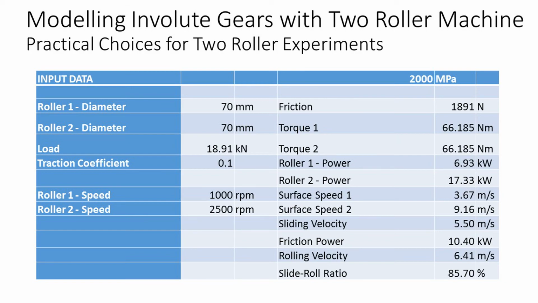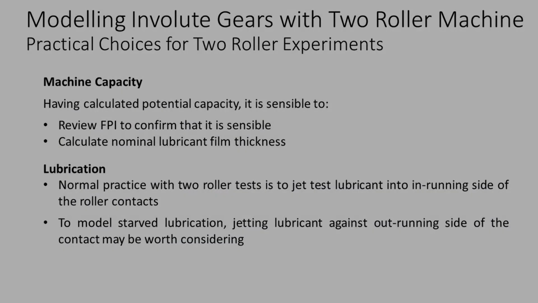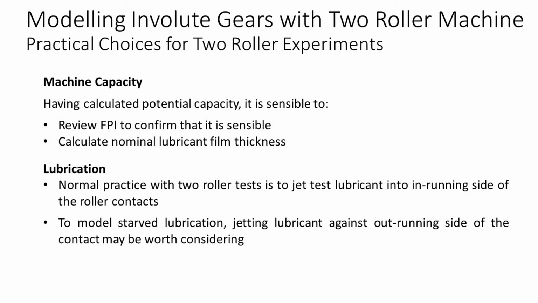So having done these sums, it is sensible to review the FPI to confirm that the frictional energy dissipation in the small contacts in our two-roller machine are going to be sensible, and also, of course, to check that if we wish to be running under boundary or mixed lubrication, the nominal lubricant film thickness is appropriate.